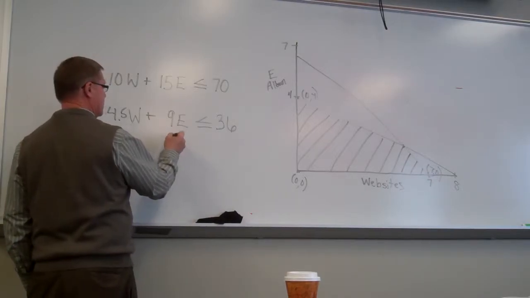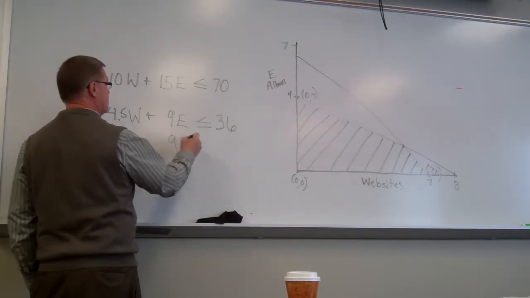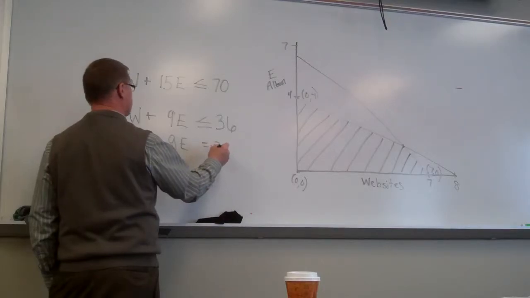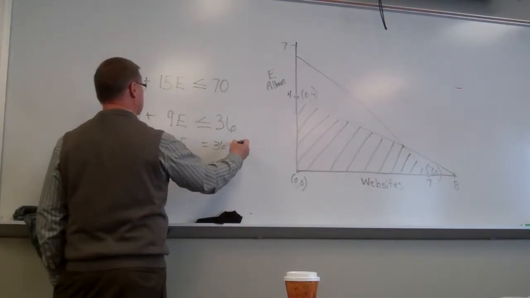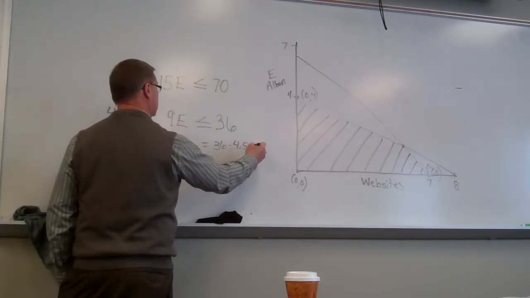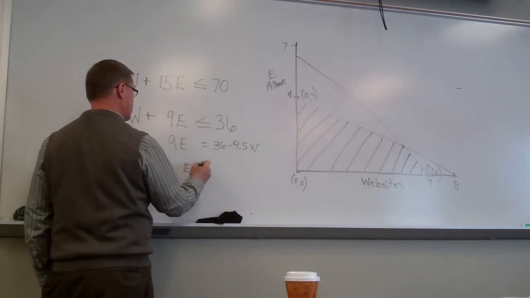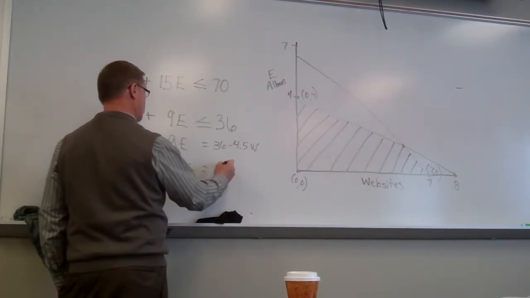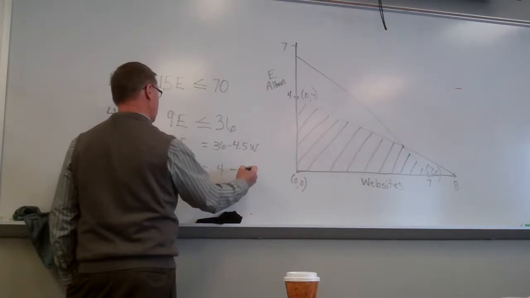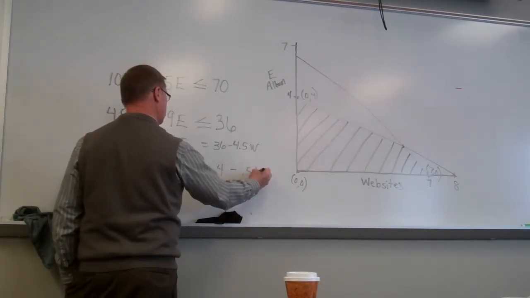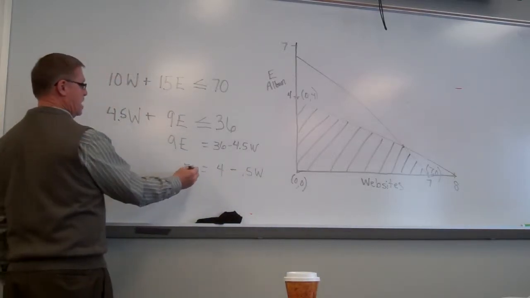This would be like saying 9E equals 36 minus 4.5 W, or E equals 4 minus 0.5 W. Can you graph that?